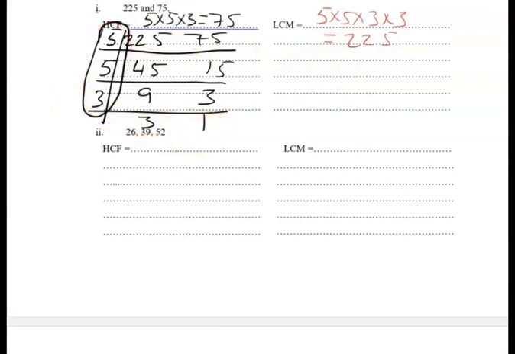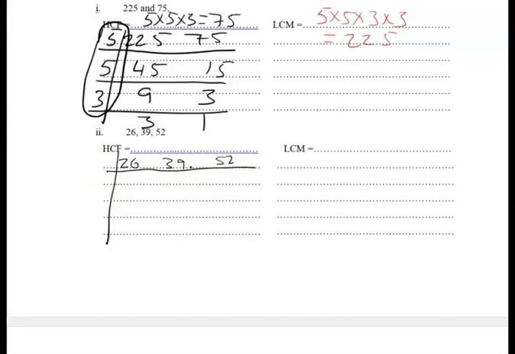Now the next question is asking us to work out the HCF and LCM of 3 numbers here. So we're going to have 26 here, 39 and 52. Now we need to find a number that we can divide all 3 numbers by.